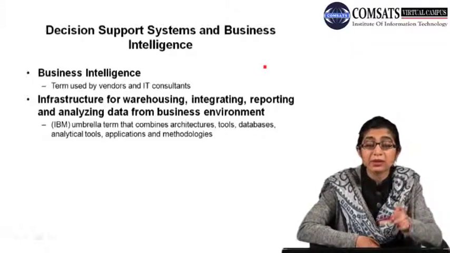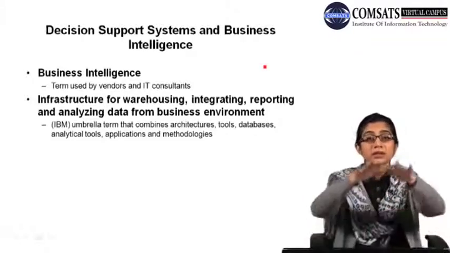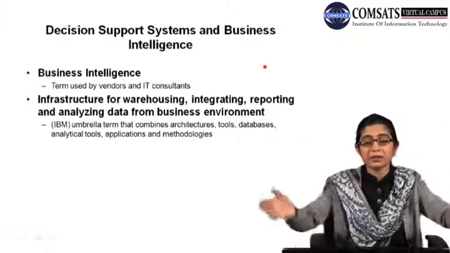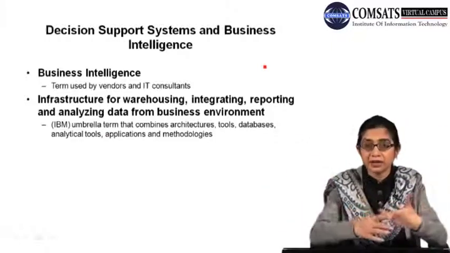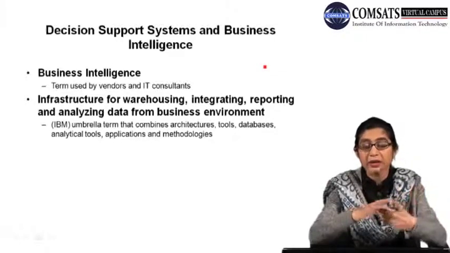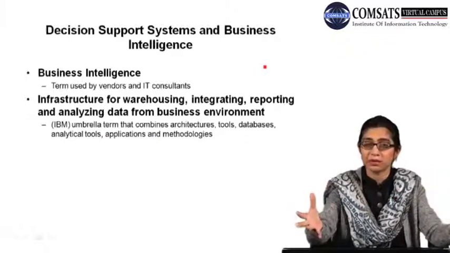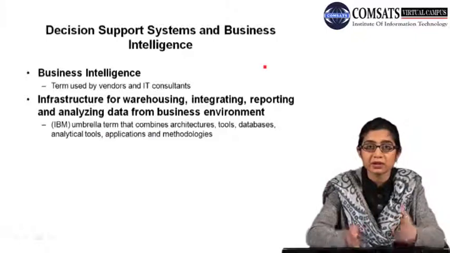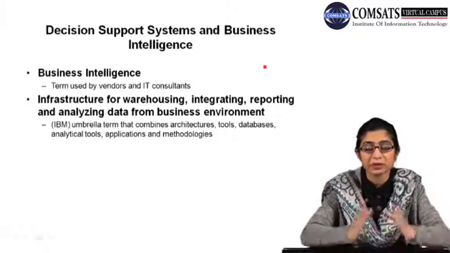It's basically an umbrella term. Umbrella term means a covering term that encompasses or combines architecture, tools, databases, analytical tools, applications and different methodologies all together, and calls that package business intelligence.